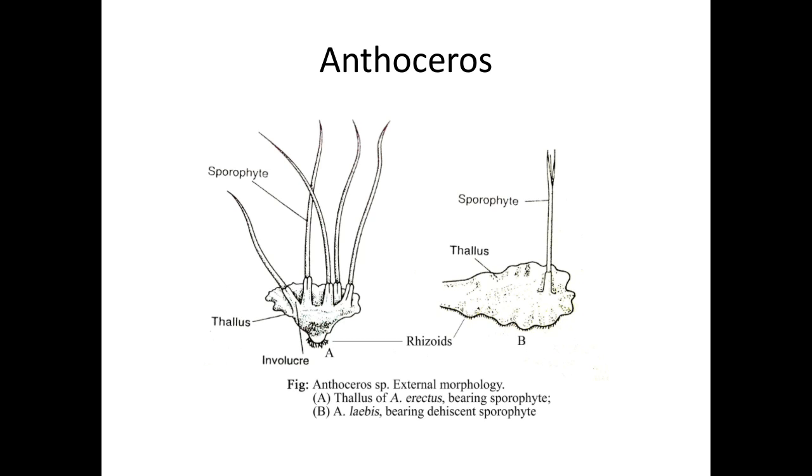On the dorsal side of the thallus, horn-like projections or horn-like structures are present. These are nothing but the sporophytes. So this class, Anthocerotopsida, is also commonly known as hornwort, because horn-like sporophytes are present on the thallus.